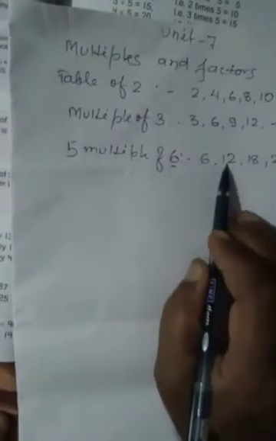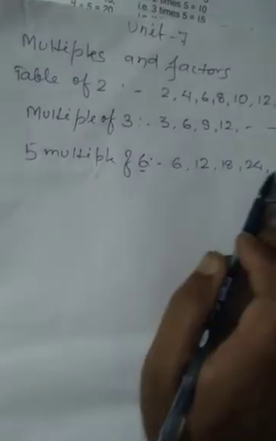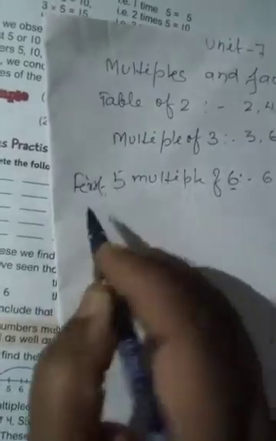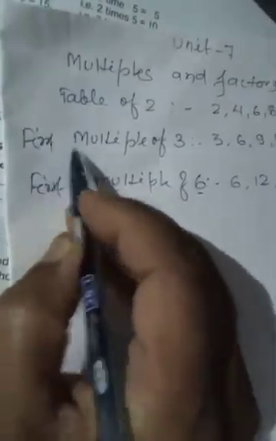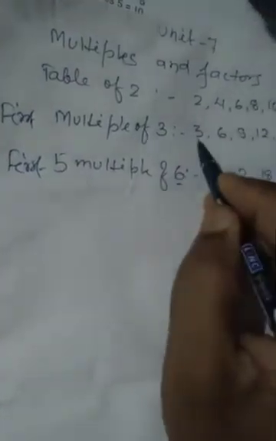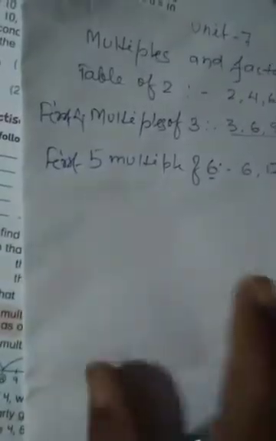That means 6, 12, 18, 24, and 30. These are the first five multiples of 6. In this case, up to 4 times, it is the first 4 multiples of 3. We can write them on our own.